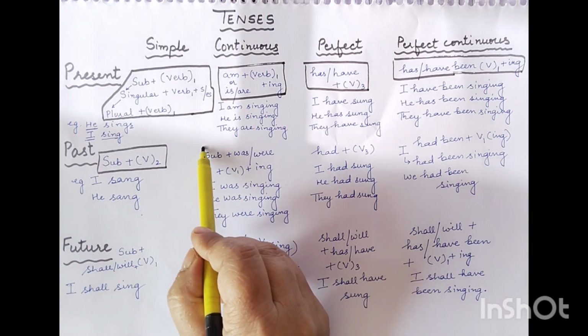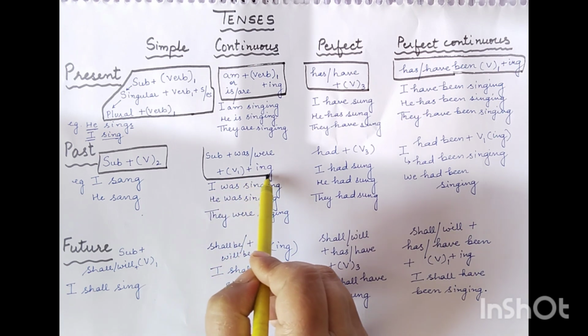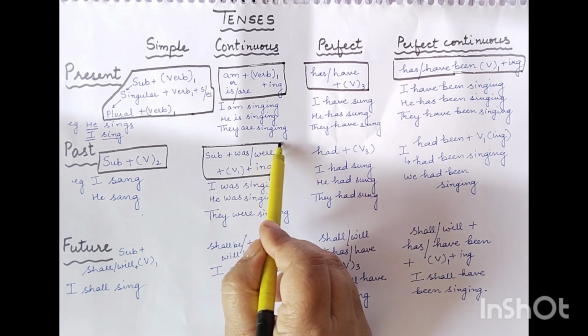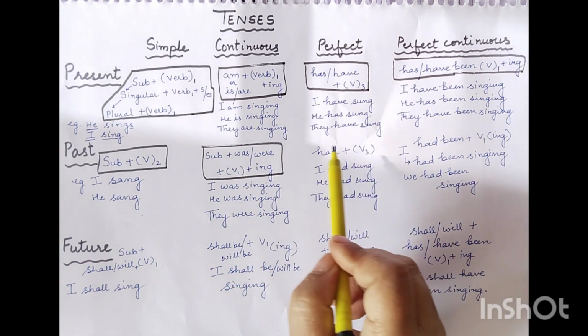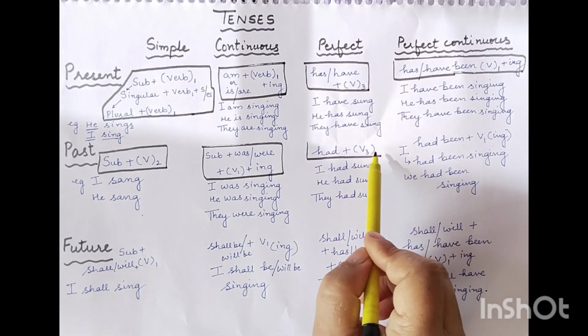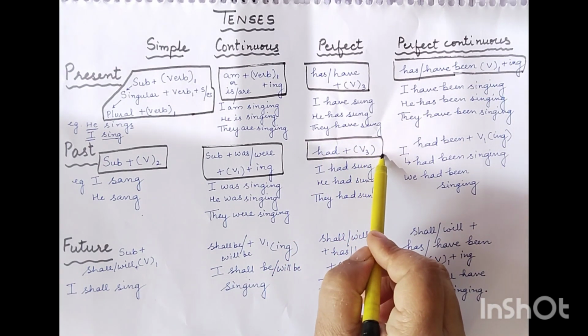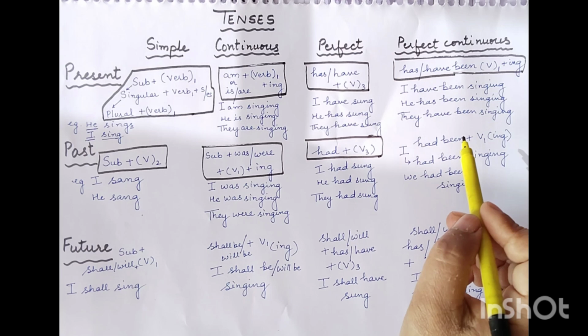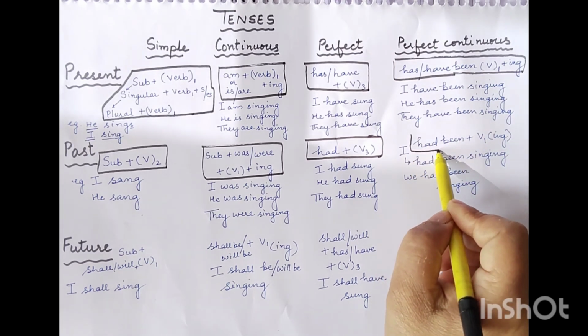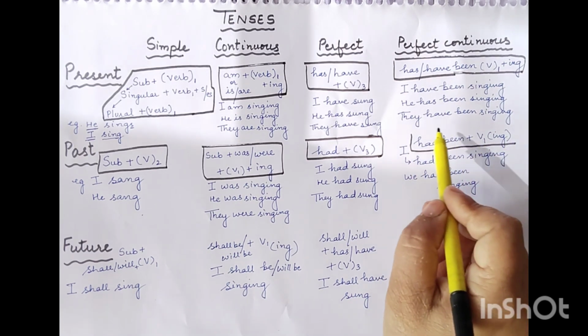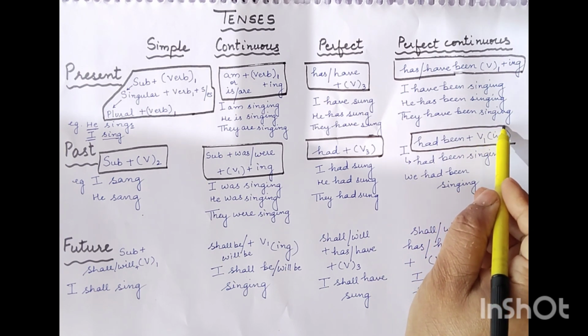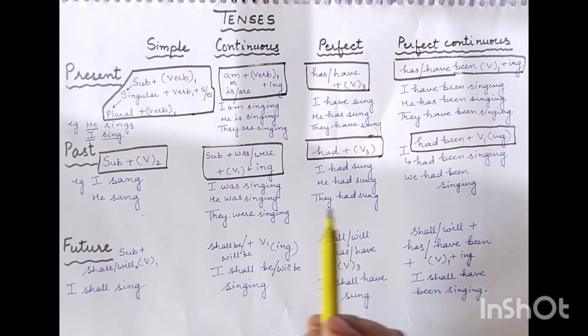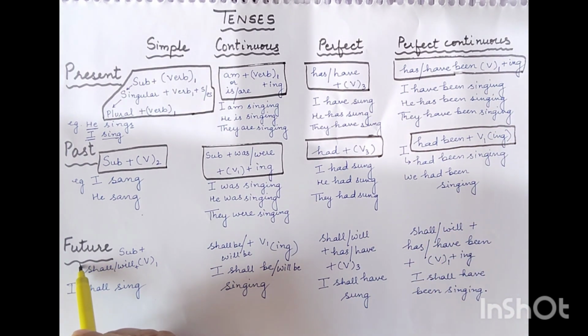In past continuous, subject plus was or were plus first form of the verb plus ing. In past perfect, had plus third form of the verb, very easy. In past perfect continuous, had been plus first form of the verb plus ing.